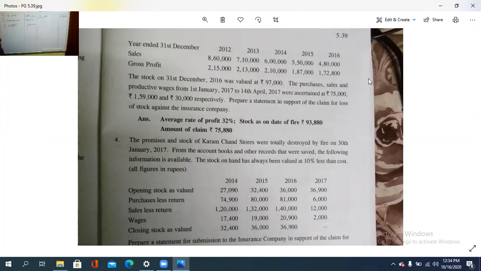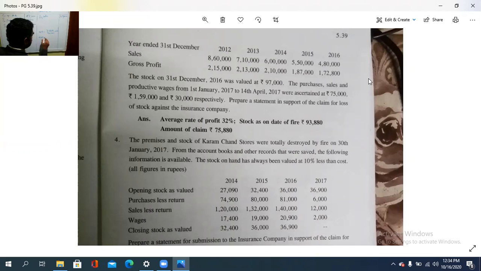So for this, we need to calculate the gross profit rate. For this, the five years ended are given. Here, gross profit divided by sales into 100 is the gross profit percentage. So first year, 2012, it is 2,15,000 divided by 8,60,000 into 100.